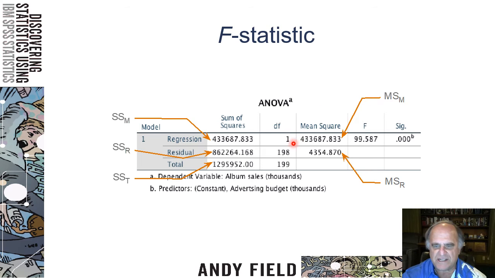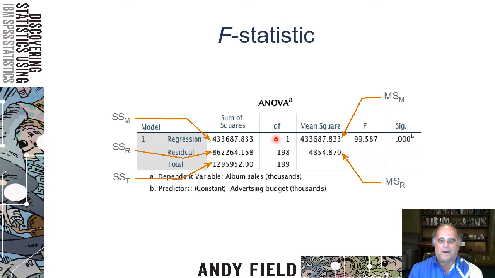Then, of course, we see our degrees of freedom. For regression, the degrees of freedom is just the number of things we're estimating, which is 2, a constant and an advertising budget, or the parameters we're estimating. So it's 2 minus 1, which gives us 1. The residual is going to be n minus 2, because it's the total degrees of freedom minus this regression degree of freedom.